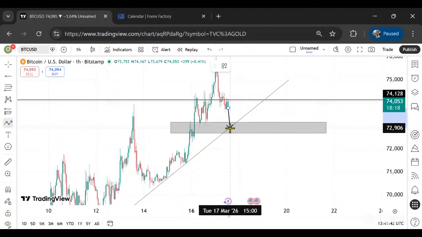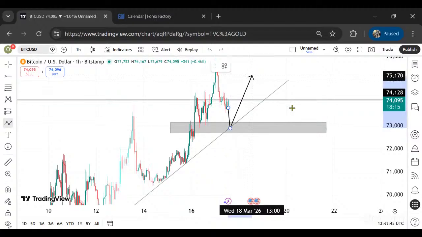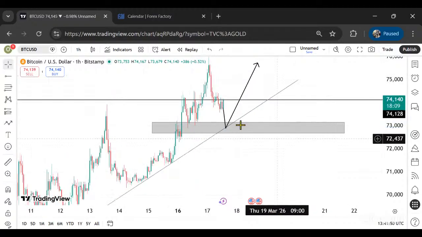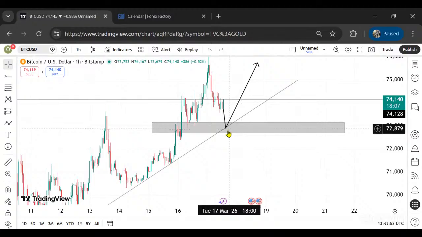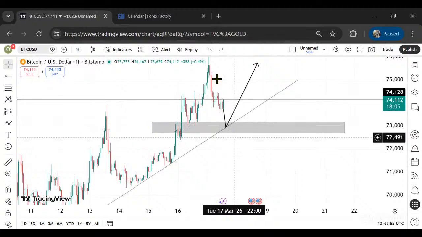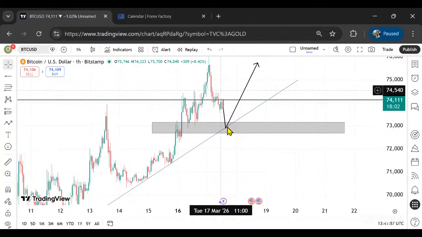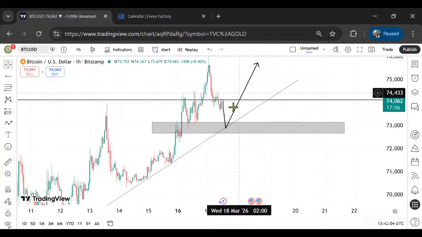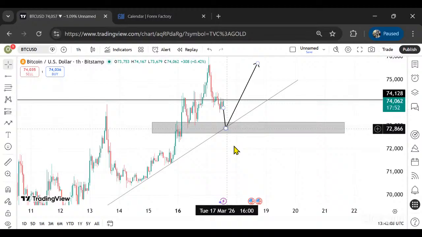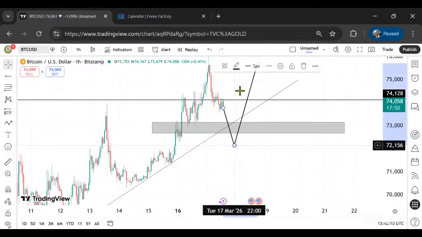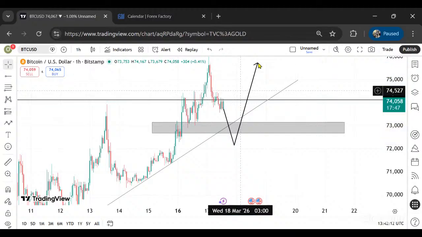This is my trend line. From that trend line is where I'm expecting to buy Bitcoin. If the market drops to this trend line, then we buy Bitcoin. But if eventually the market breaks our trend line, then we do what? We expect the market to go lower.